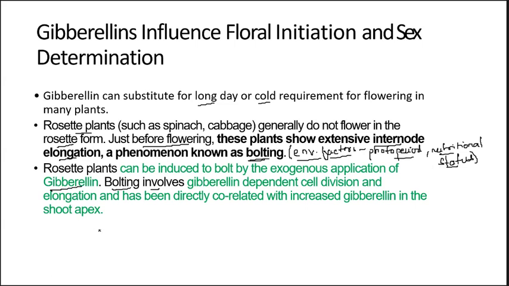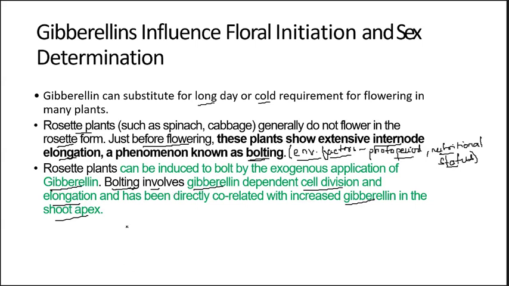It can substitute several other factors of bolting like photoperiod, nutritional status, etc. Now, what happens in the bolting stage? In the bolting stage, when gibberellin is applied, bolting occurs, and both cell division and cell elongation occur. When gibberellin concentration is increased, both cell division and cell elongation occur.